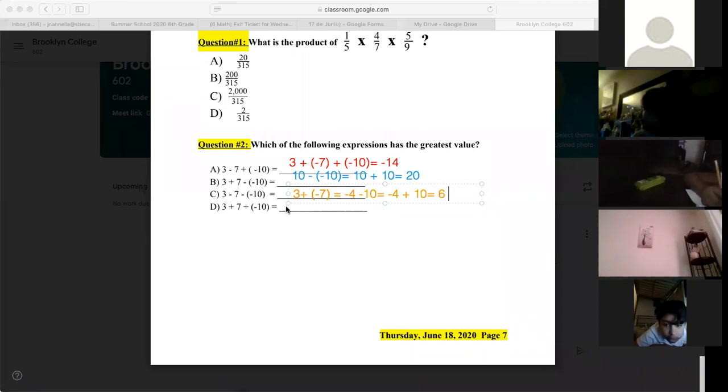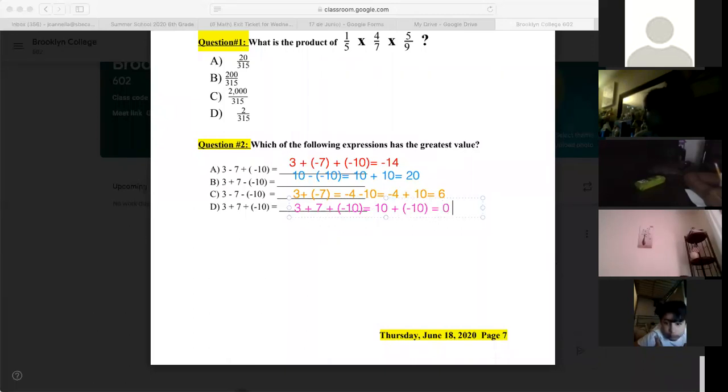Tell us what you do for D, and then we'll pick an answer. D is 0. How'd you get it? What'd you do? Well, it says negative 10, and it says 3 plus 7. And 3 plus 7 is 10. So it's just 10 minus 10.